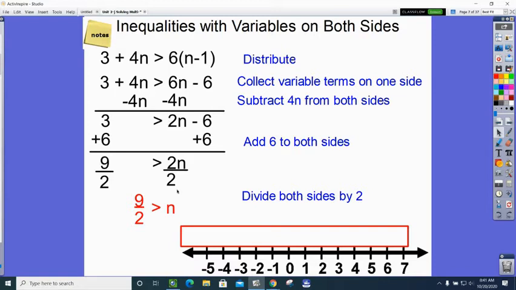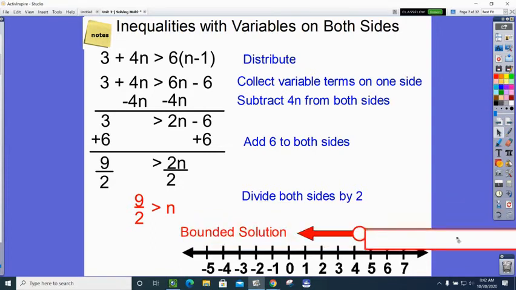Now, when I go to graph this one, oftentimes people have trouble with the variable on the other side. Remember, you can flip this whole thing, or rather spin it would be a better word. N is less than 9/2. N is less than 4.5. So now we're going to have an open point to the left.